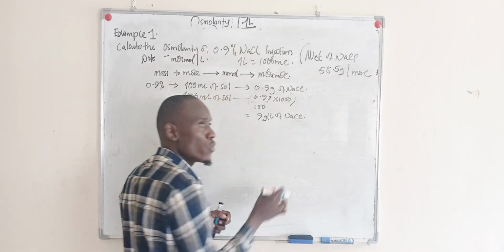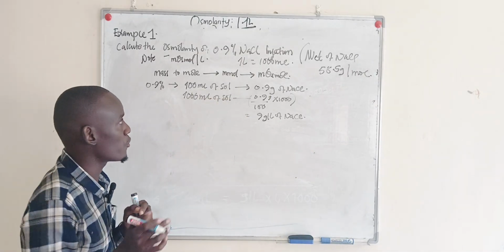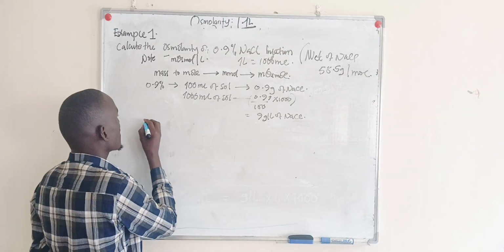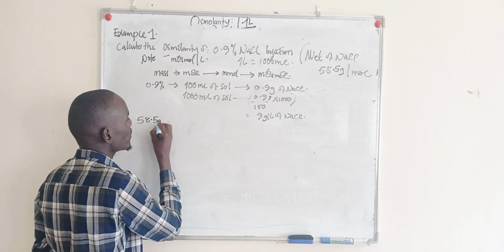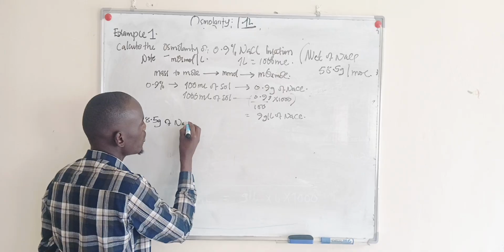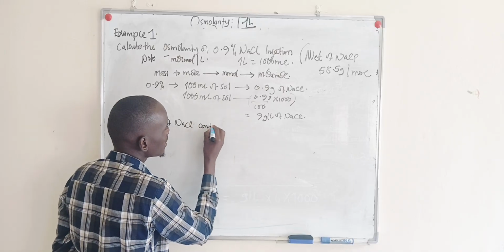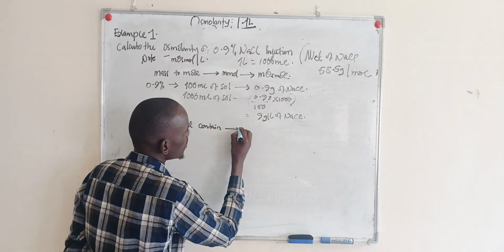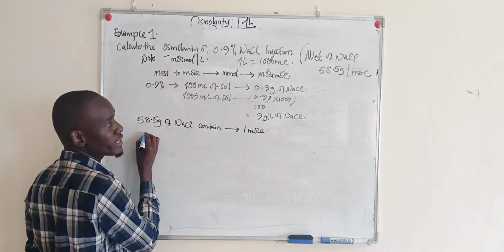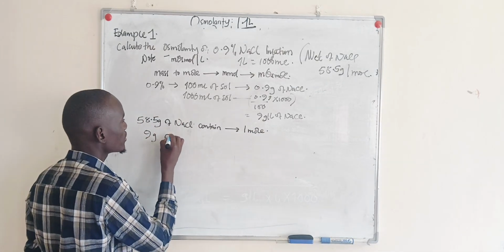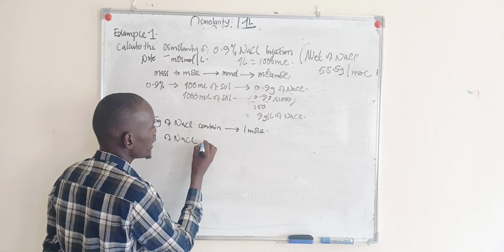So we are going to first do it from first principles, where we shall say that 58.5 grams of sodium chloride contain 1 mole. How about the 9 grams of sodium chloride?